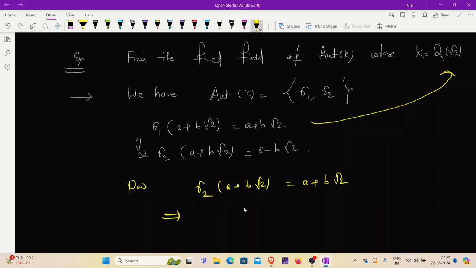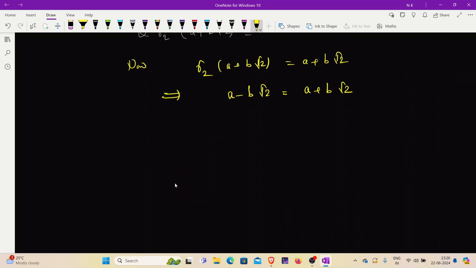But as per the definition, sigma 2 of a plus b root 2 is a minus b root 2. So that should be equal to a plus b root 2. If you try to solve this, you will easily come to the conclusion that 2 times b root 2 equals 0, right? But this simply means b equals 0. So that means sigma 2 only fixes purely rational numbers, right?